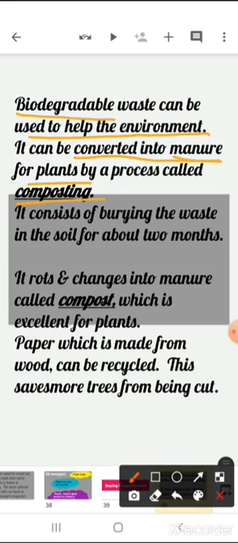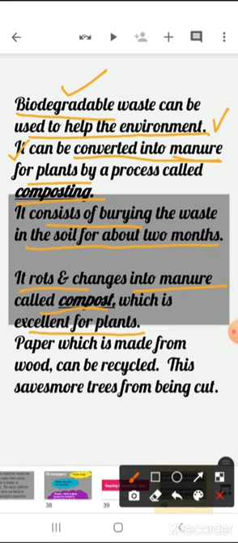Composting consists of burying the waste in the soil for about 2 months. It rots and changes into manure, which is called compost, which is excellent for plants. First of all, biodegradable waste can be used to help the environment, right?